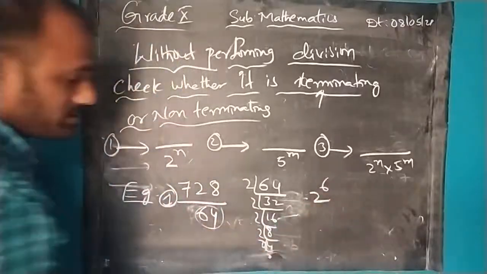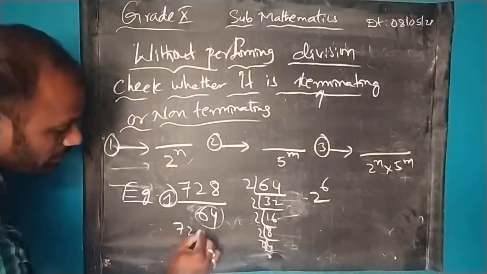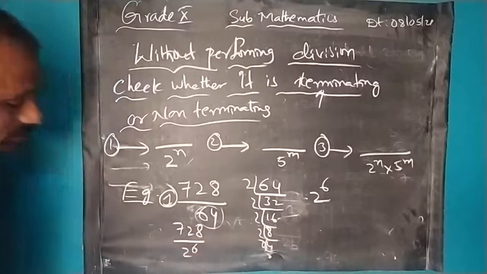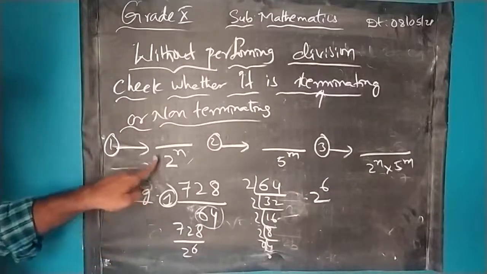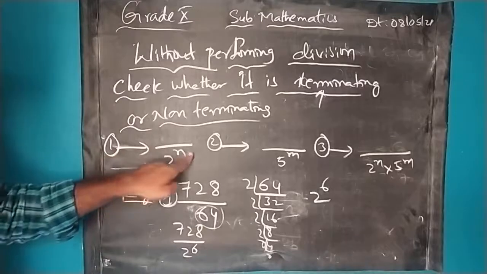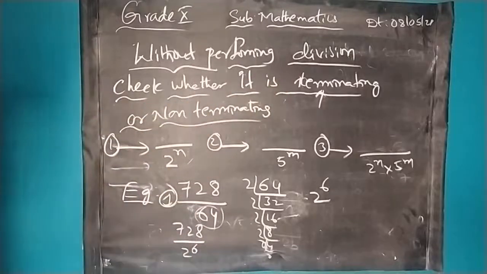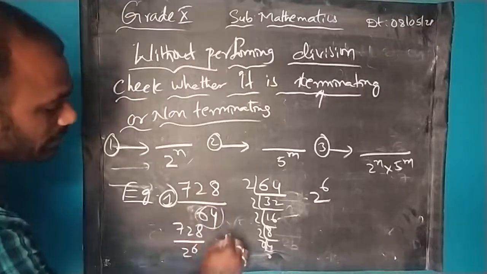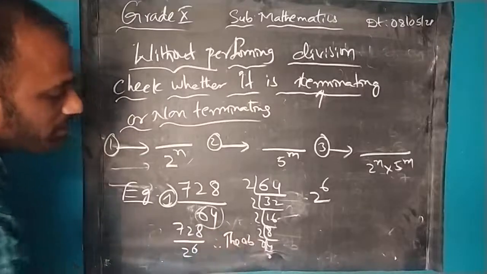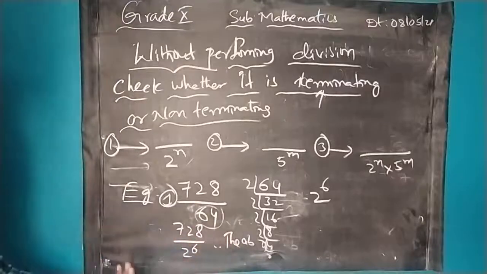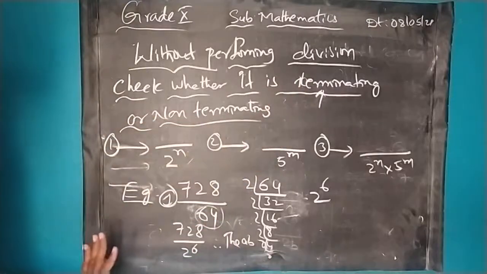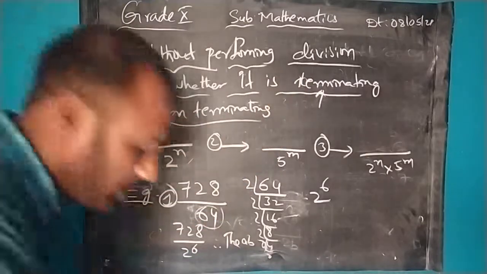So 2 power 6, meaning 728 divided by 2 power 6. What is my rule? First rule: if the denominator is in the form of 2 power something, directly say that it is terminating. Therefore the above fraction is a terminating decimal. Okay, so this is one example.